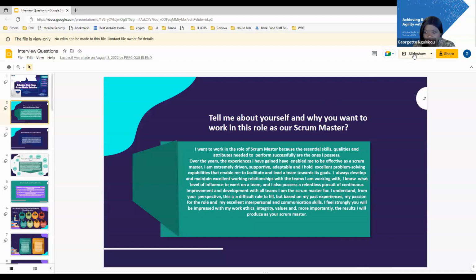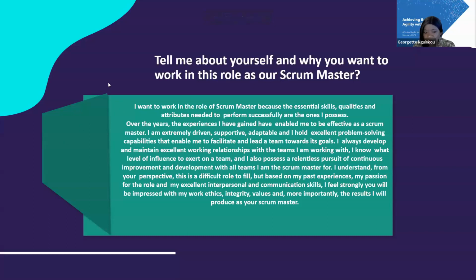In every interview, they always ask you, tell me about yourself, right? I put more things here, but you don't have to say all this. Tell me about yourself is all about telling them, hey, my name is so-so, and I'm glad to be here. Currently, I'm working with this organization as a Scrum Master, as an Agile project manager, as an Agile delivery lead. I'm working with two different teams, one Kanban team and one Scrum team, and we are developing this application to help the customer experience, maybe in agriculture or in e-commerce.